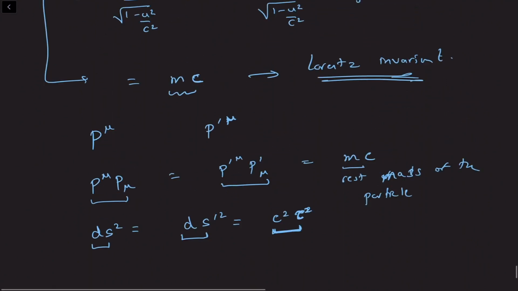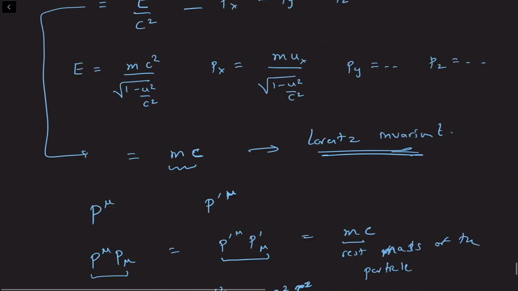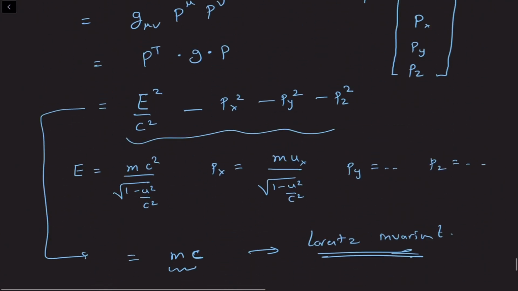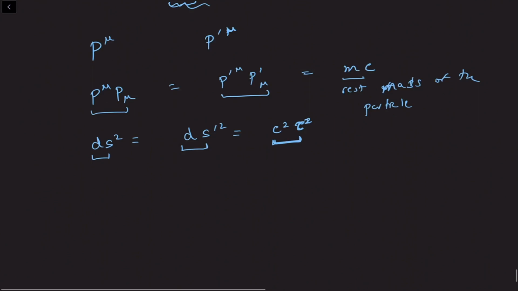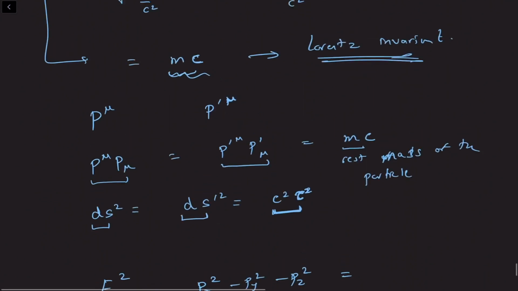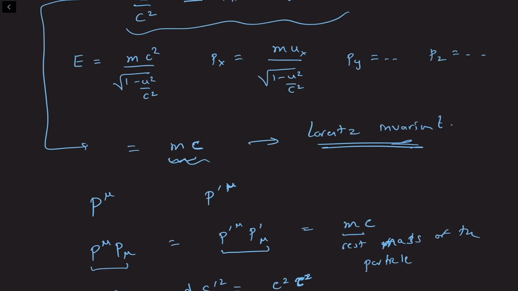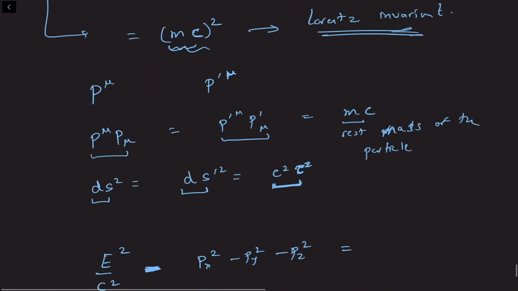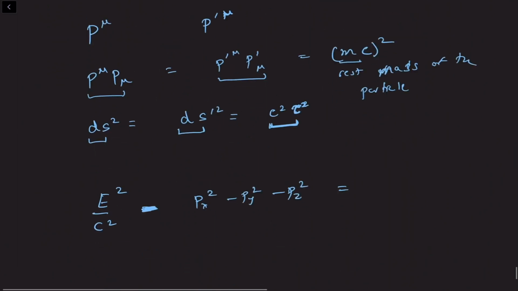And now if we write this out explicitly, the relation that we found is that E squared by c squared minus p_x squared minus p_y squared minus p_z squared is, sorry, I made a mistake here, this is m times c the whole squared.